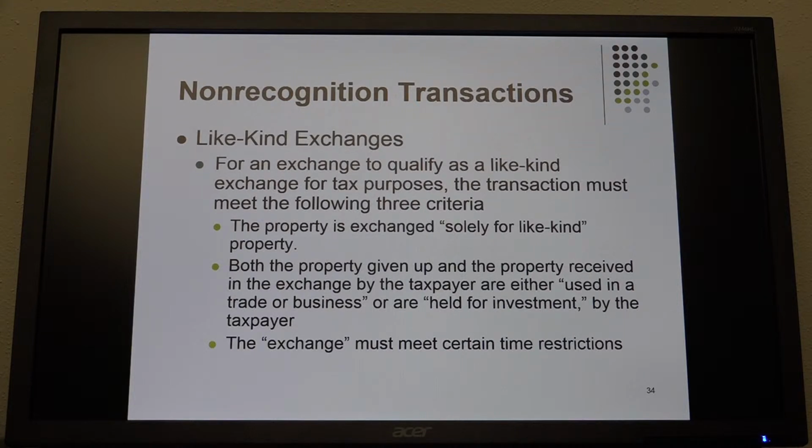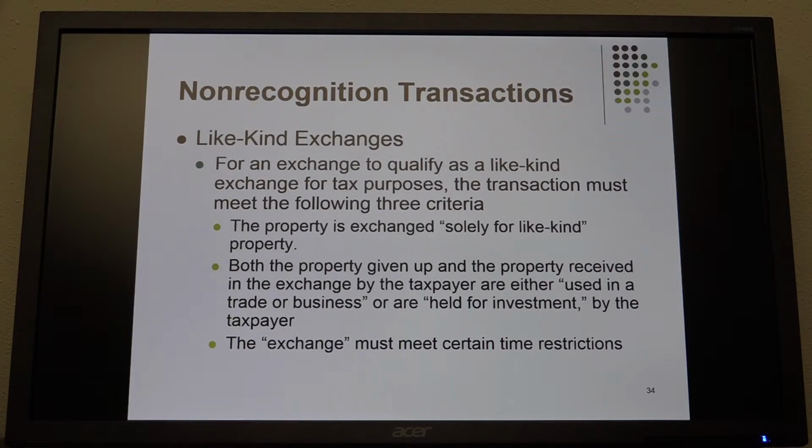Let's say, and again, it's pretty broad what is, for real property at least, what is like-kind property. And so, you know, you could basically have an apartment building and exchange it for pasture land if you wanted to.